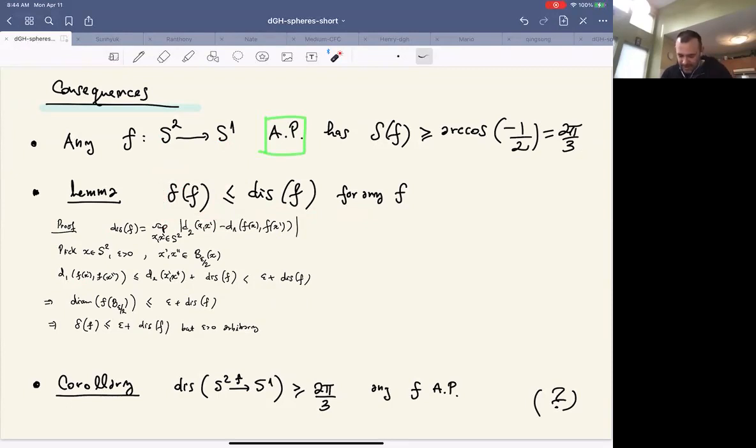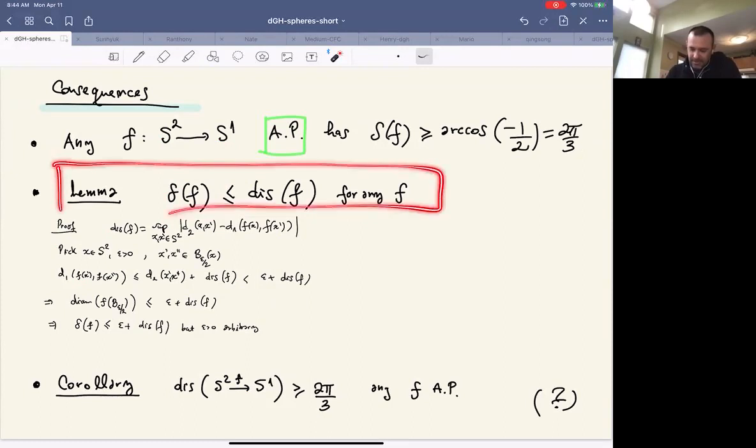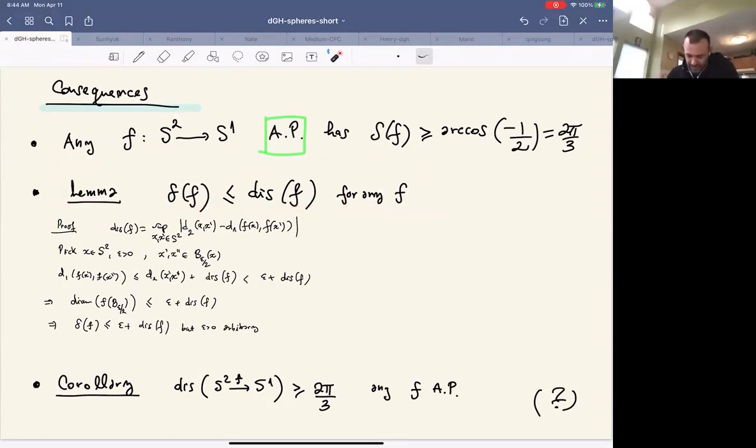So then, as an immediate corollary of the theorem by Dubins and Schwartz, we obtain that the distortion of any map F from S2 to S1, which is antipole preserving, has to be bounded below by 2 pi by 3.